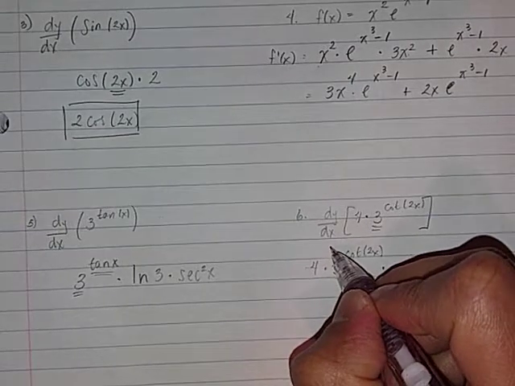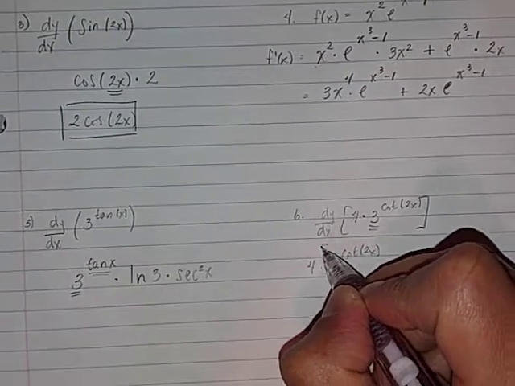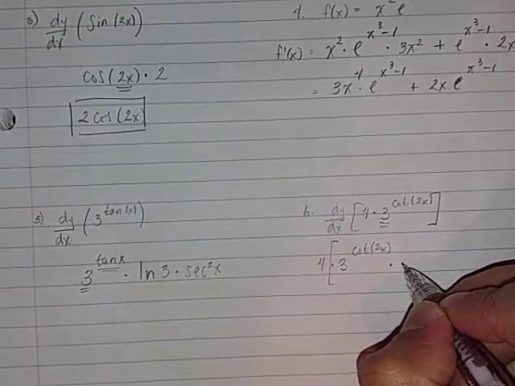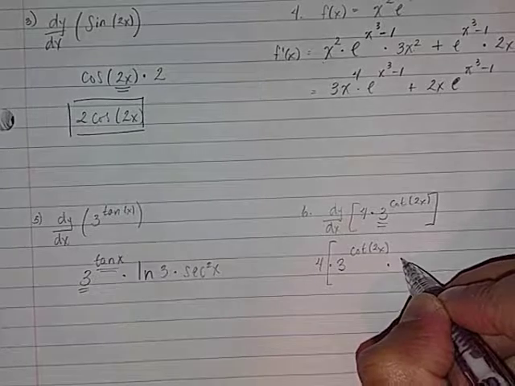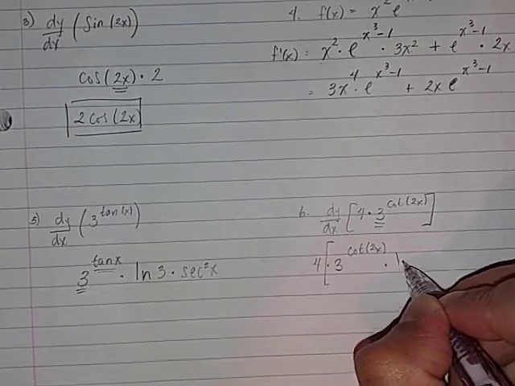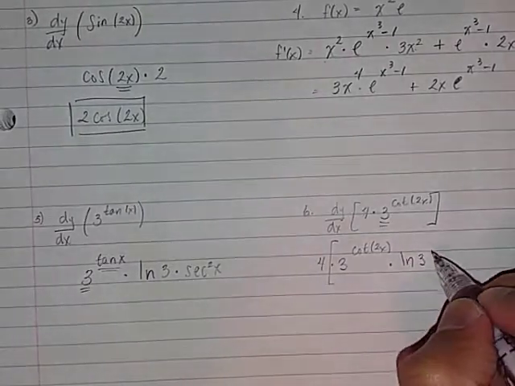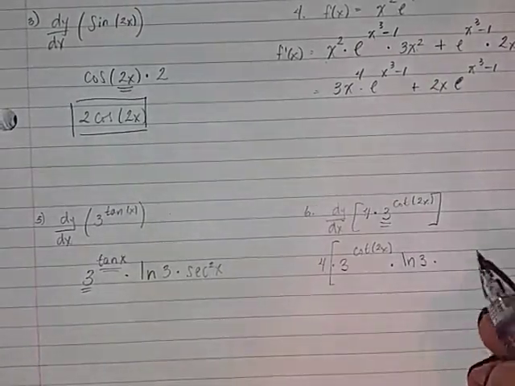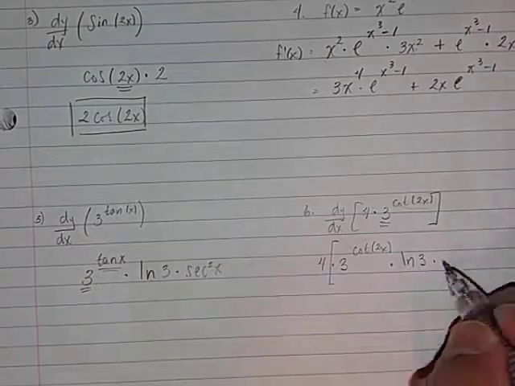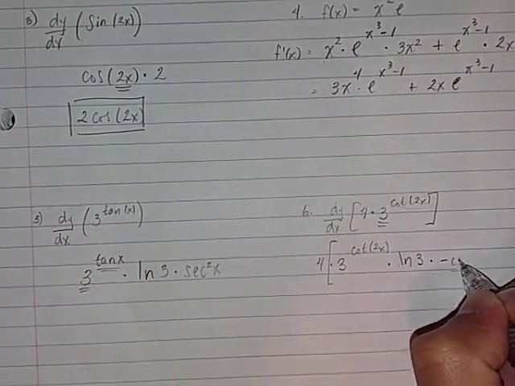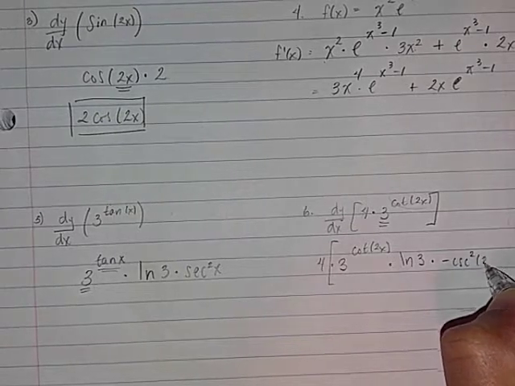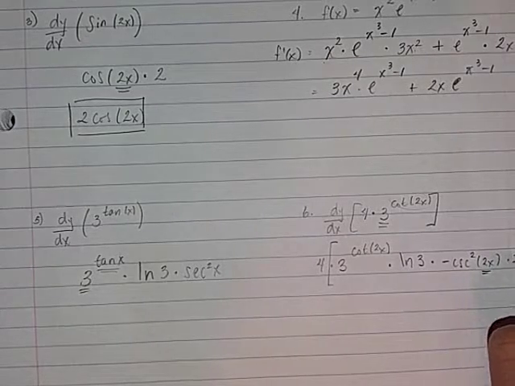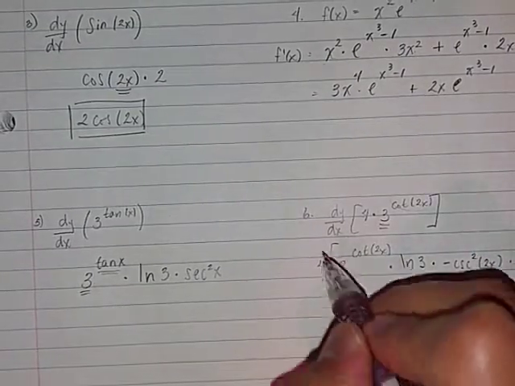If you want to think about it as multiplying the 4 and multiplying the whole thing, you can. And that would give us ln of 3, times the derivative of the inside. Well, the derivative of cotangent is negative cosecant squared of 2x. But then inside of that one, we have something else, times 2. You can think about it as that.